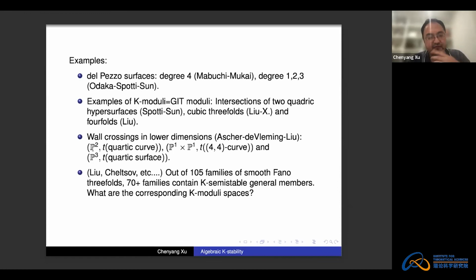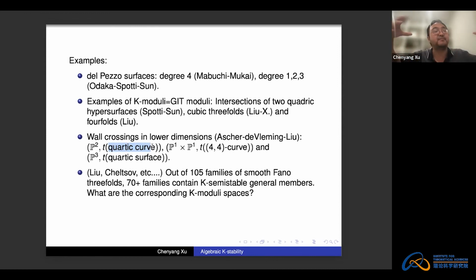One example is we fix P2 and look at a divisor. Then we look at the range where it is a log Fano, and we study the K-stability by putting different coefficients on that. They prove that when you put different coefficients, there is also wall crossing.